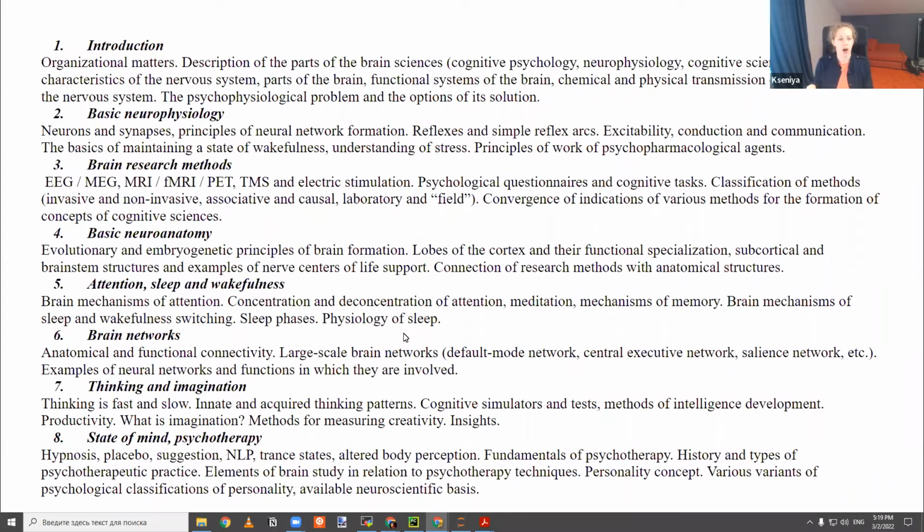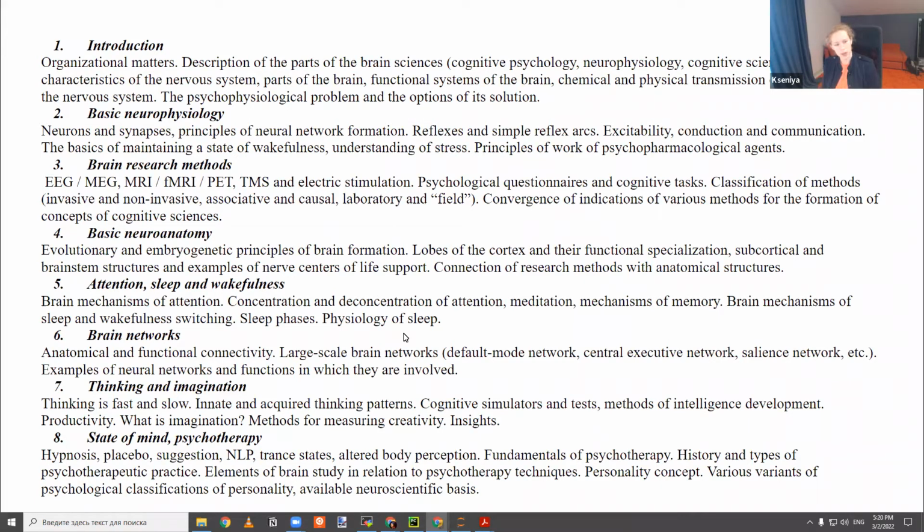One part about brain networks in the meaning of parts of the brain, and another part about large-scale brain networks, like default mode network, central executive network, salience network, and so on, which are very popular in the last few years.